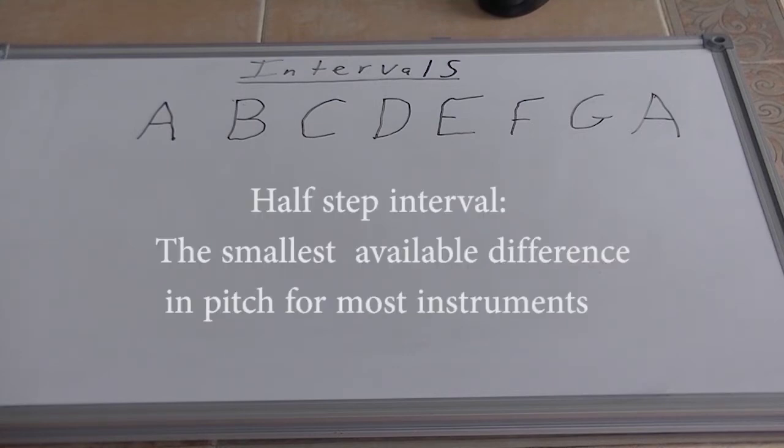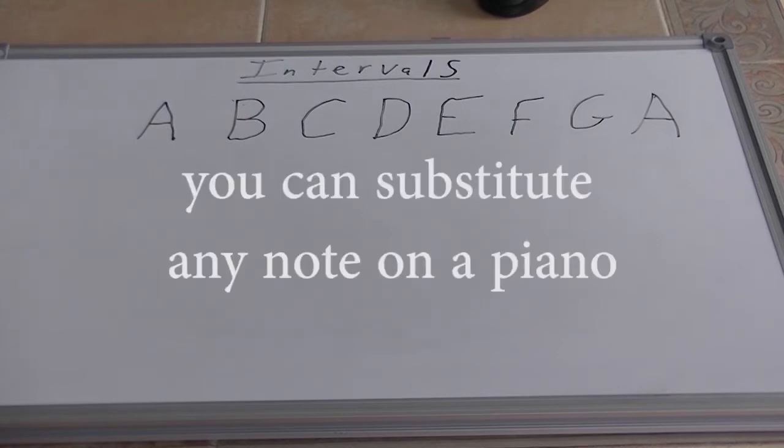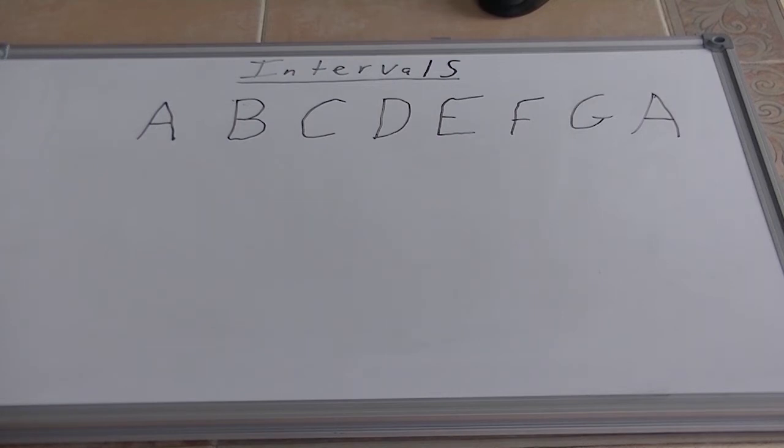I also would like to point this out on a guitar. If I were to play a note on the guitar, let's say the note on the 5th fret of the low E string, the note right next to it on the same string would be a half step away.